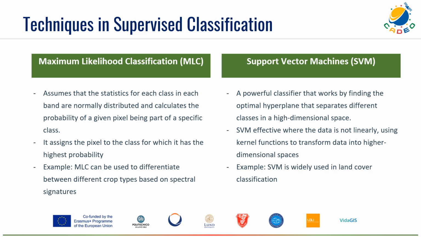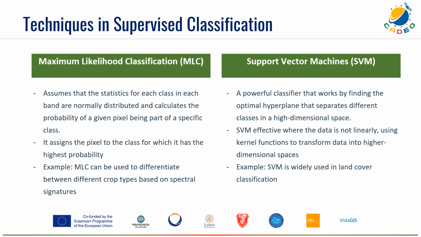The second technique in supervised classification is support vector machine (SVM). This is a powerful classifier that works by finding the optimal hyperplane that separates different classes in a high-dimensional space.